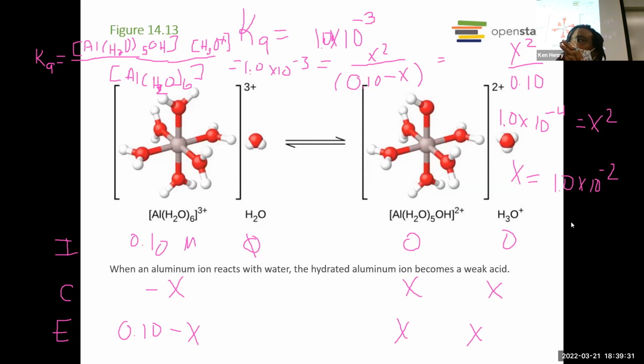Okay. So what would be the pH? Okay, so pH equals minus log the concentration, right, of H3O plus. Okay, I'm running out of room again.